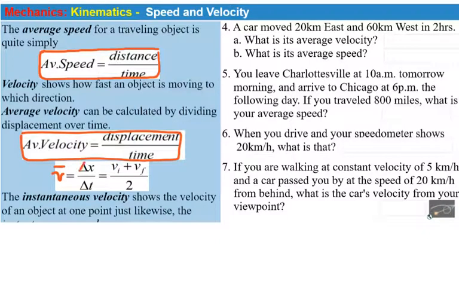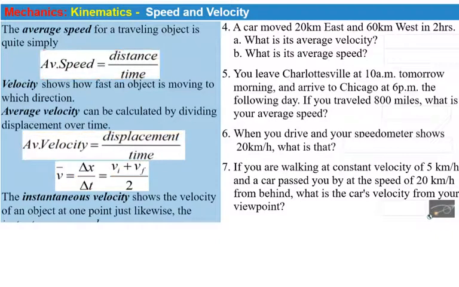It's delta x, the change of the distance, over the change of the time. Sometimes I'll skip saying the change of the time because time is always changing. It equals the sum of the two velocities, initial and final, divided by 2. So that would be average velocity.